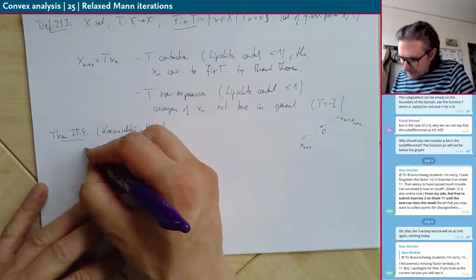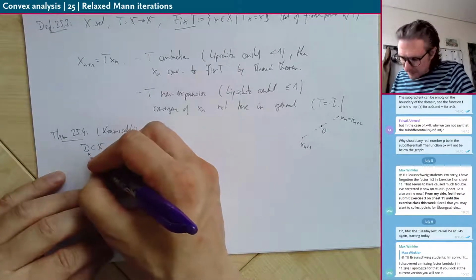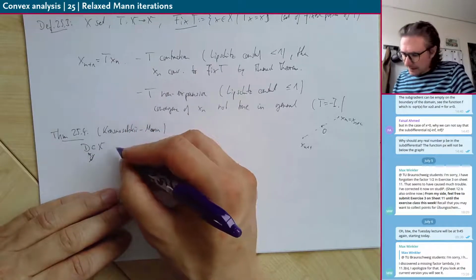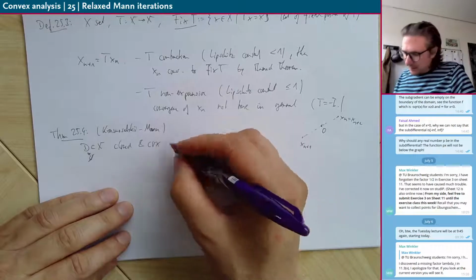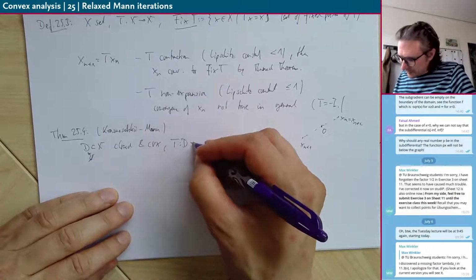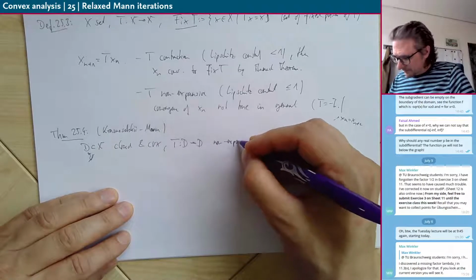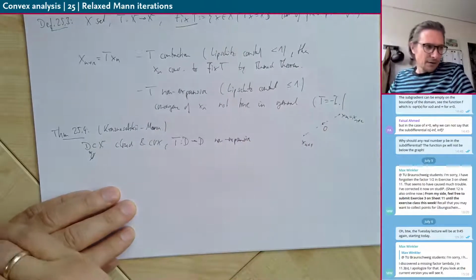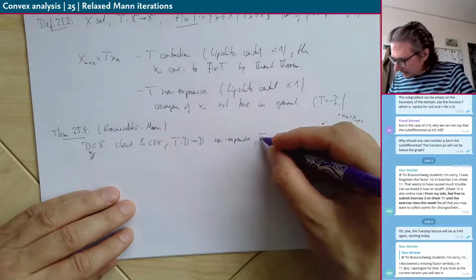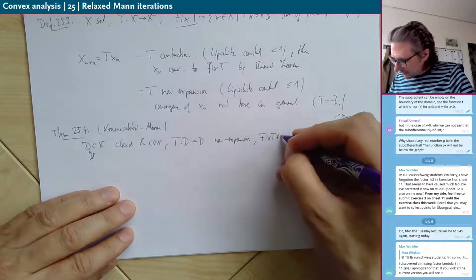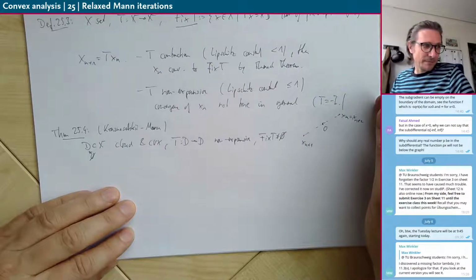Okay, so you need a set D subset of X, of course not empty, closed and convex, and T should map D into D non-expansive. And Fix T should be non-empty, so there should be a fixed point at least. At least one fixed point is enough for that theorem.